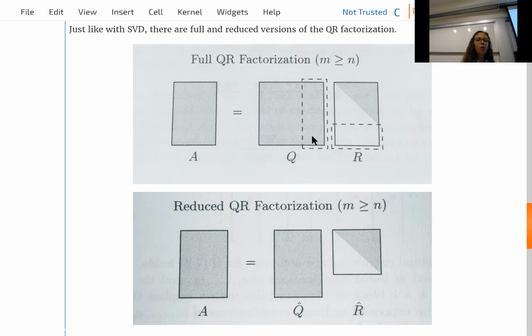For the full version, you're adding additional columns onto Q to make an orthonormal basis, and adding rows of zeros to R, so those cancel out. These columns of Q are not actually part of A, but they're nice if you wanted a square matrix that was orthonormal.